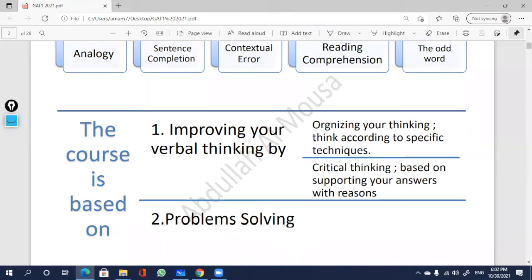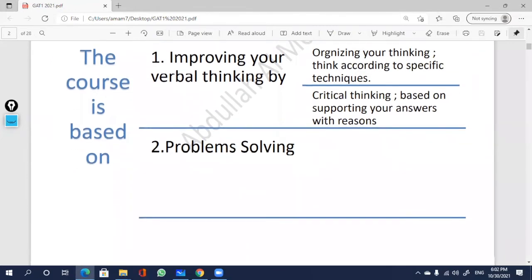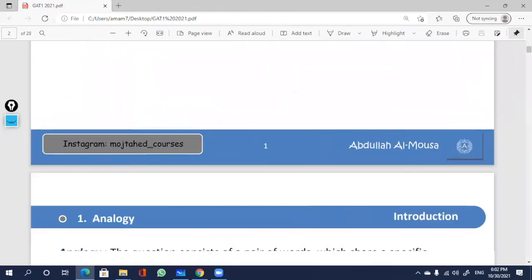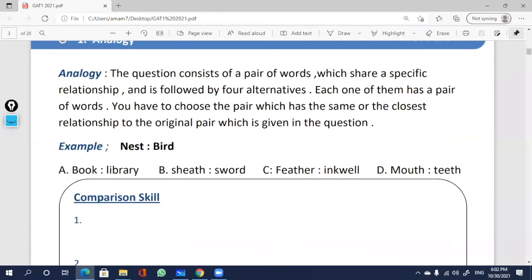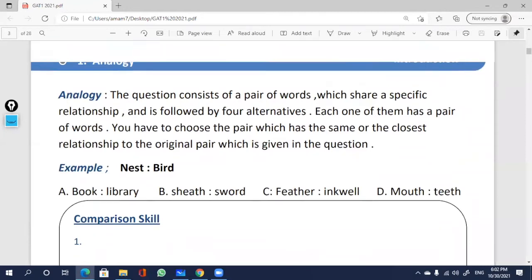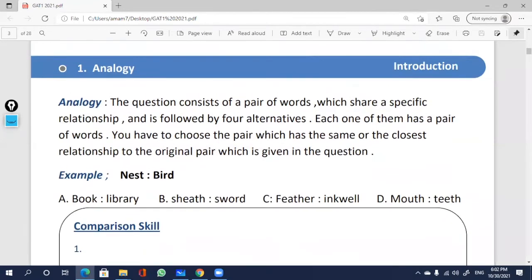Okay. Now we'll start with the first part. We have analogy. As I told you, we have to organize our thinking. We have to think according to specific techniques. So this is the first section we have, which is analogy.